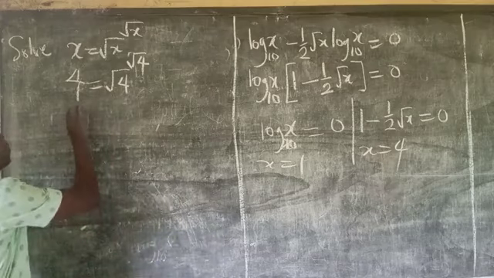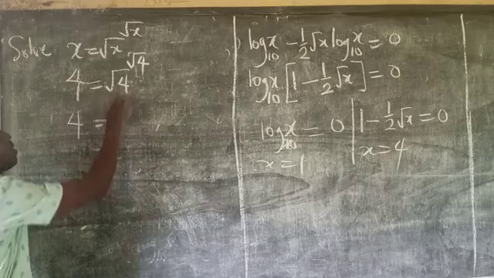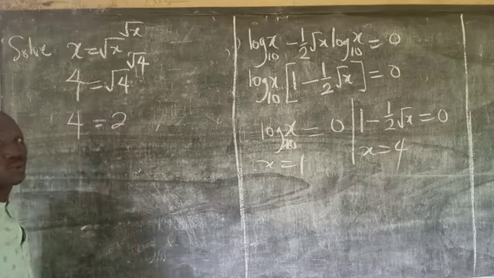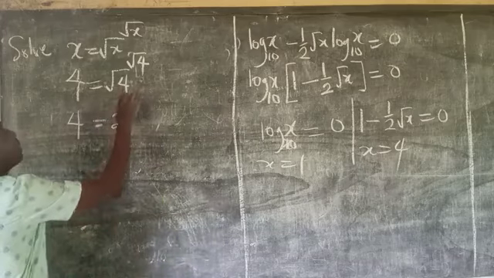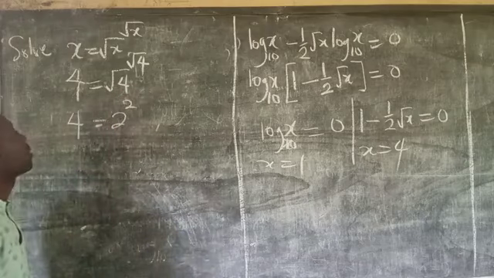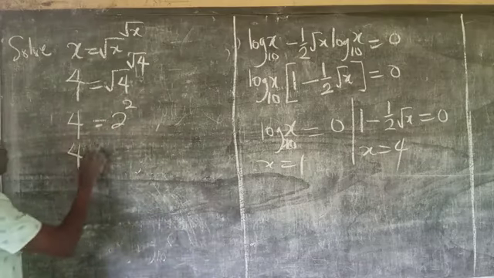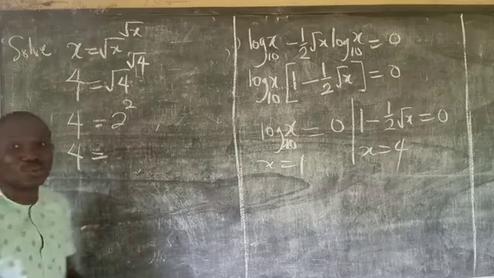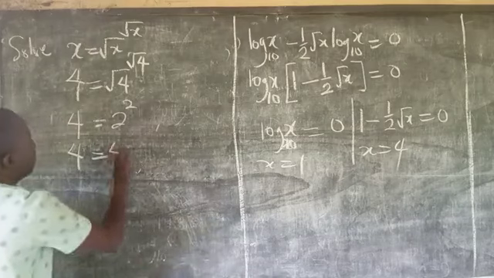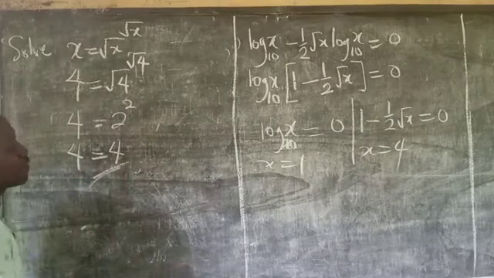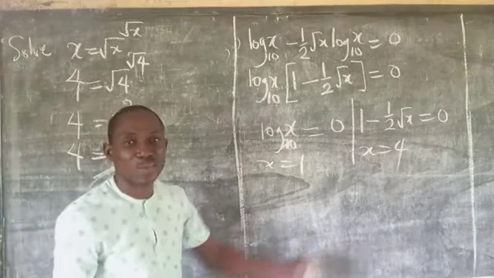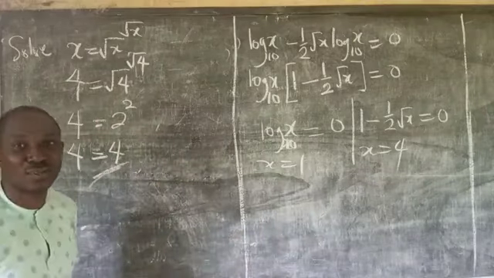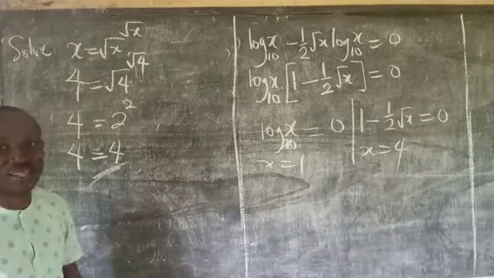So we have that number is 2. 2 times 2 is 4. So 4 equals 2 raised to power 2, which is 2 times 2, simply 4. So we have seen that the values of s we have for case 1 and case 2 satisfy the original equation. And our answer is actually correct.